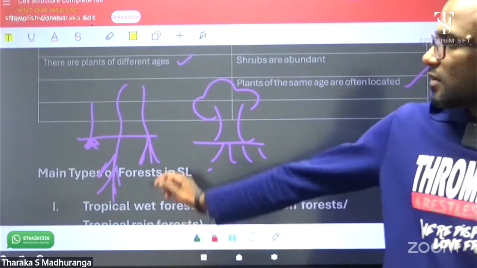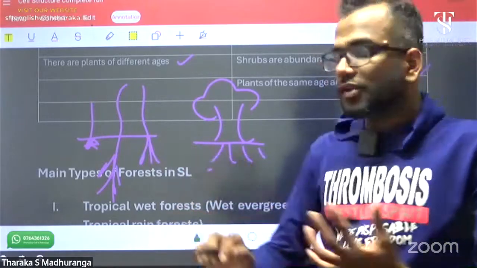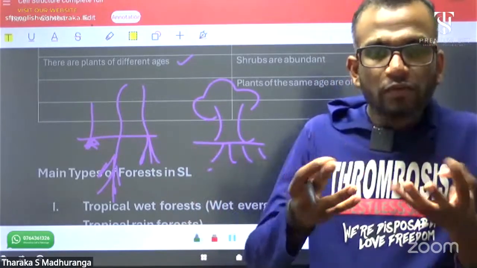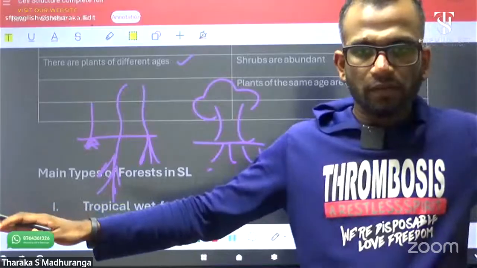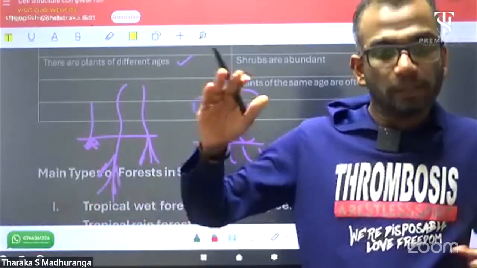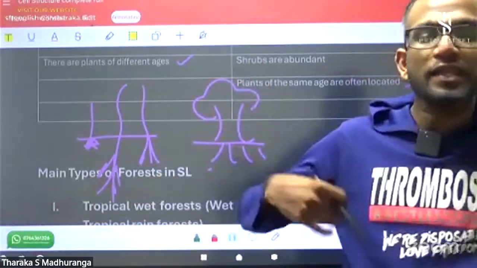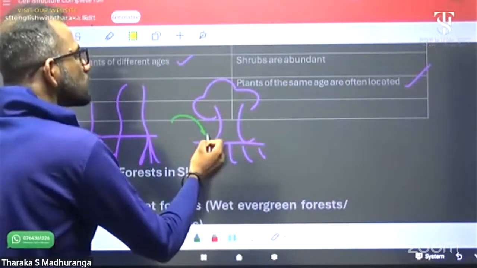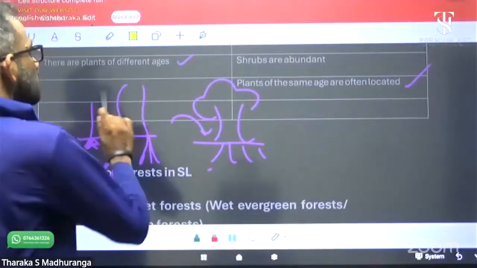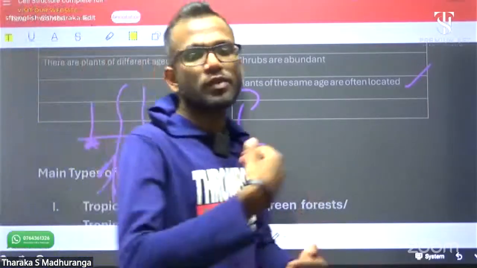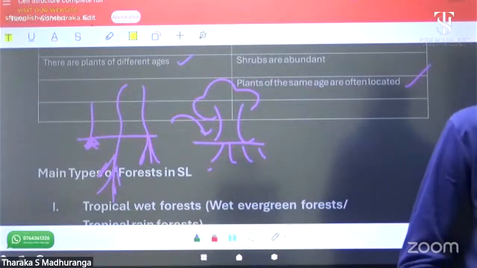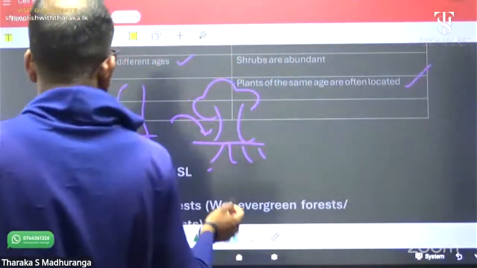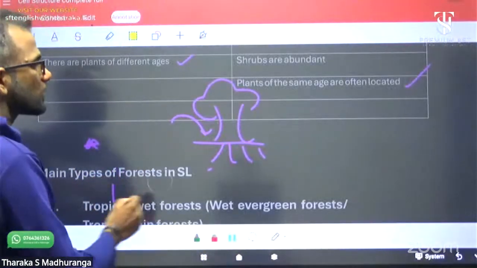But in secondary forest, plant roots are in the same layer, growing at the same depth. Therefore, high competition for fertilizer. Therefore, we have to add some fertilizer for secondary forest, but primary forest is naturally circulated. Okay, they are the differences between primary forest and secondary forest.